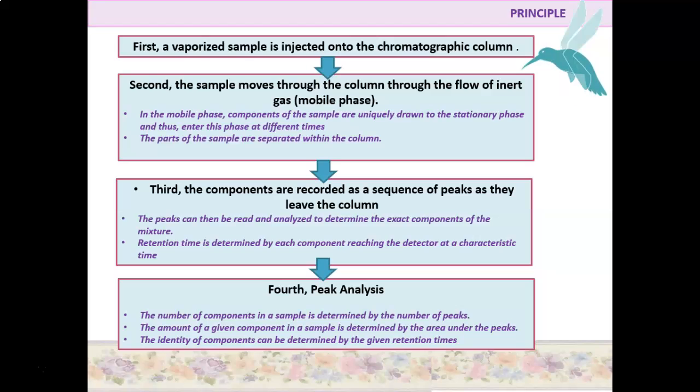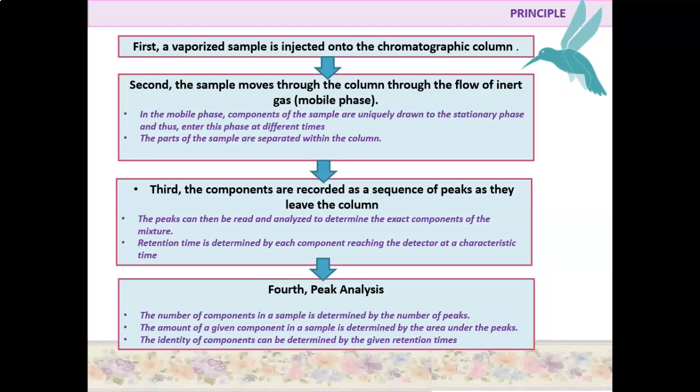Third, the components are recorded as a sequence of peaks as they leave the column. The peaks can then be read and analyzed to determine the exact components of the mixture, and the retention time (TR) is determined by each component reaching the detector at a characteristic time.